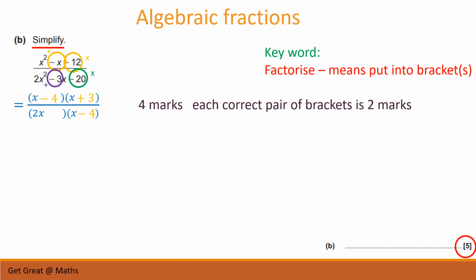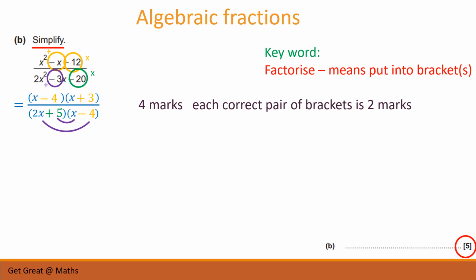Negative 4 times something is going to give me that negative 20. Now negative 4 times 5 is equal to negative 20. Now if I look at this to check that this gives me the negative 3, 5 times x gives me 5x, 2x times negative 4 gives me negative 8x, and negative 8x plus the 5x gives me the negative 3x.